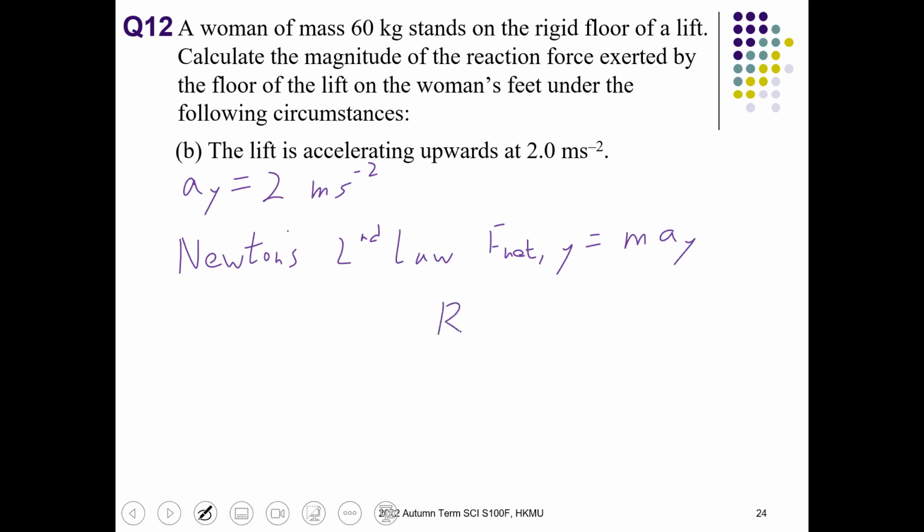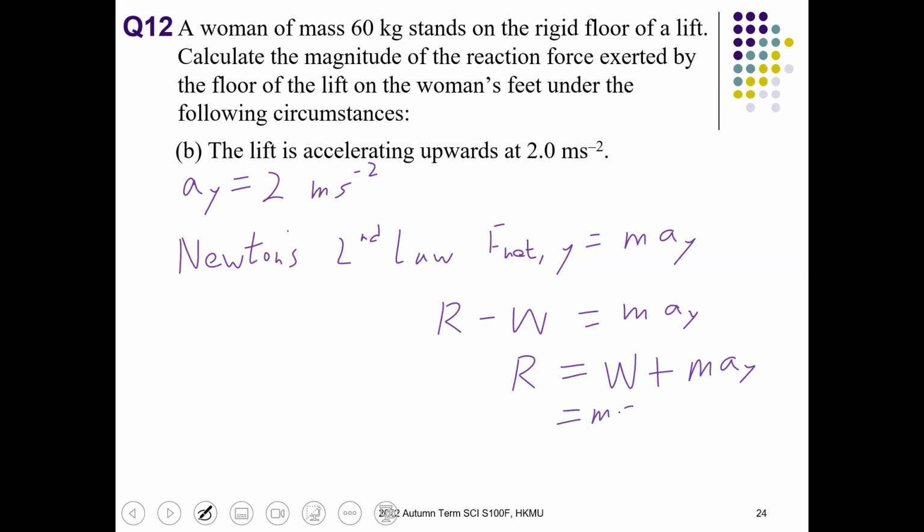Again, for the net force, we refer to the same definition using the free body diagram, where there are only two forces. We have R minus W, exactly what we have in part A. This equals our m a_y. What we need to do is to determine the normal reaction. So we have the weight plus m a_y as the normal reaction.